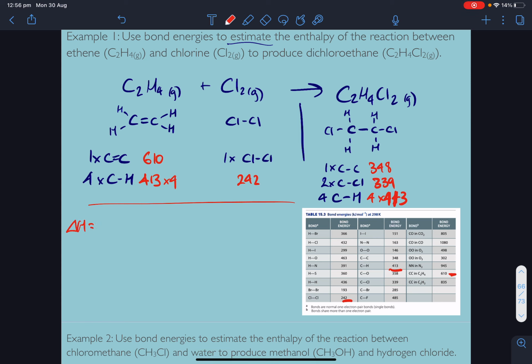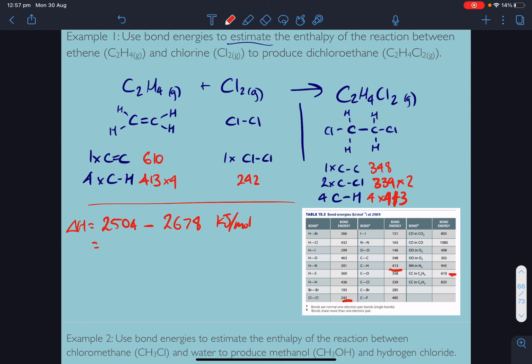So the total for the reactants is 610 plus 4 times 413 plus 242, 2504, minus products, 348 plus 339 times 2, plus 4 times 413, 2678 kilojoules per mole.